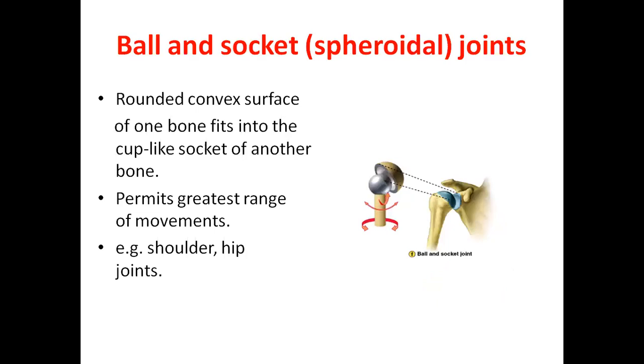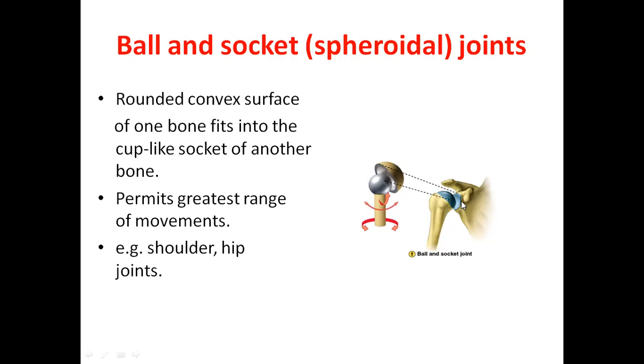Ball and socket variety, these joints are called spheroidal joints. Here the round convex surface is the head of the humerus.